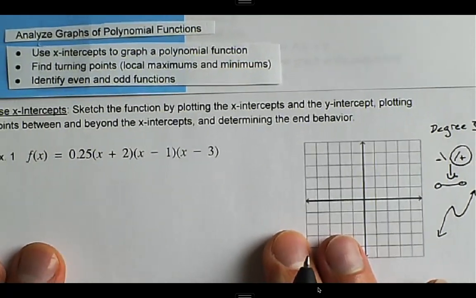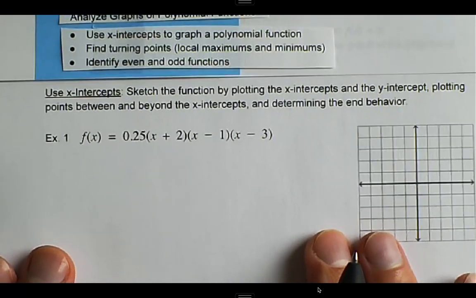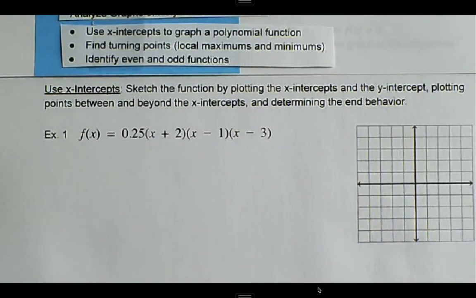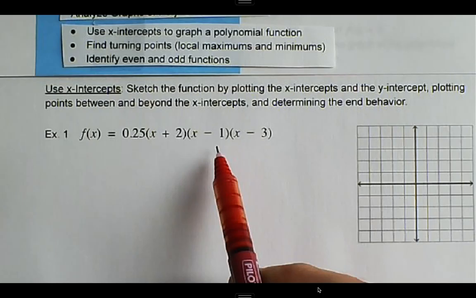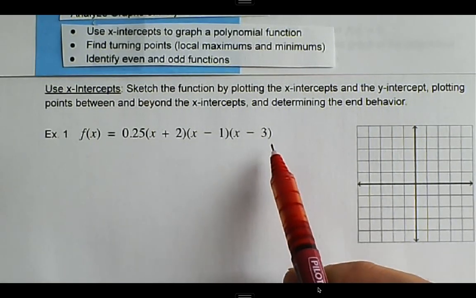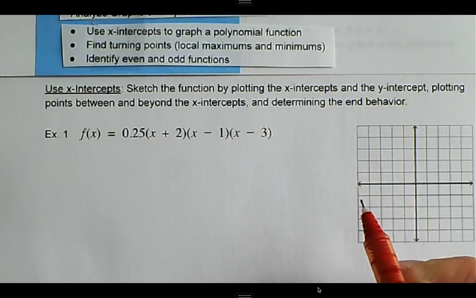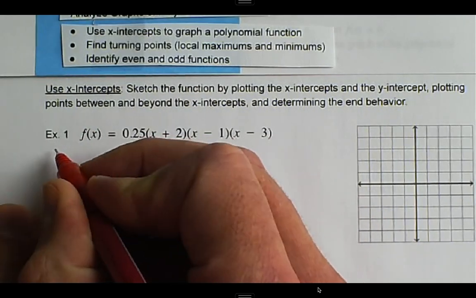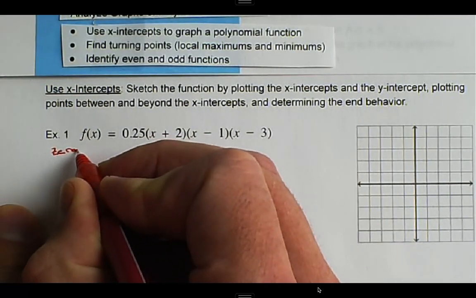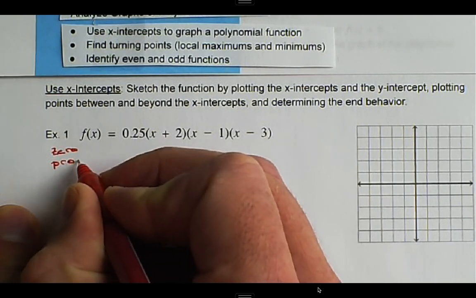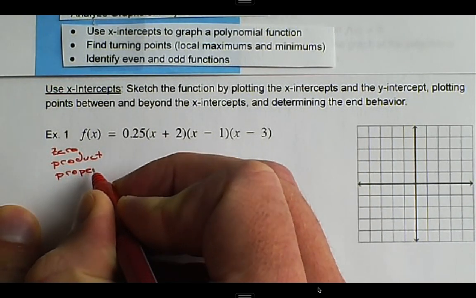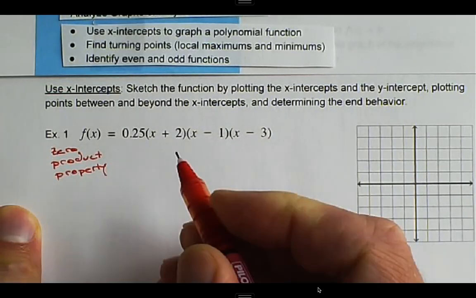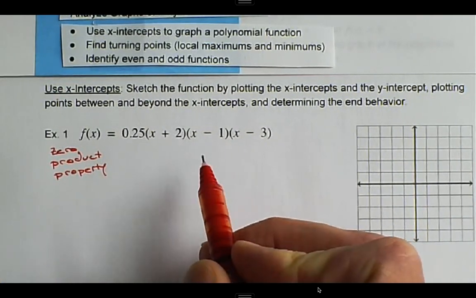Okay, now let's see a little bit more exactly what it looks like. Because we have 3 factors and they're all multiplied together, if any one of these 3 factors is 0, the whole thing will become 0. So we can use our zero product property, which says if this is 0, the whole thing's 0.